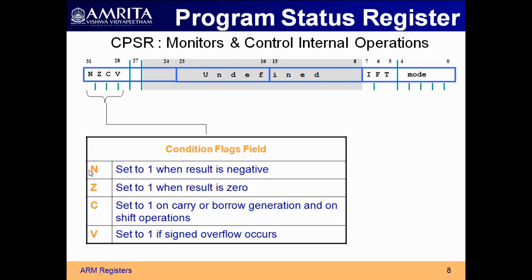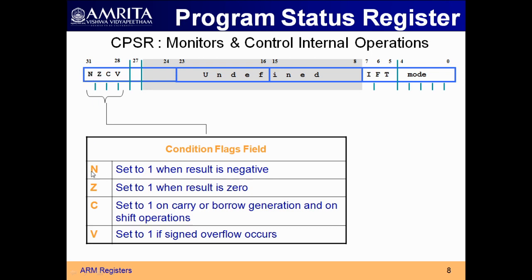Negative flag bit will be set when, after performing a certain arithmetic or logical operation, the ALU generates a result as negative. So whenever as a result of an arithmetic or logical operation we get a negative number, then this N bit will be set.